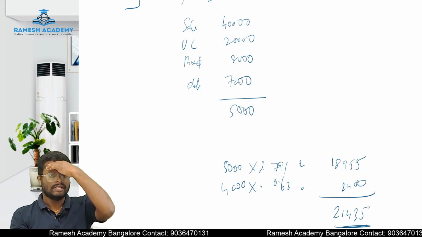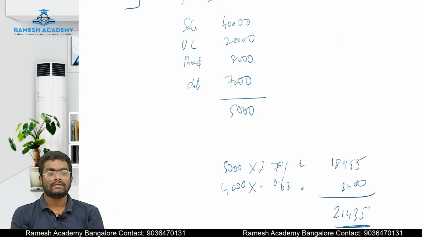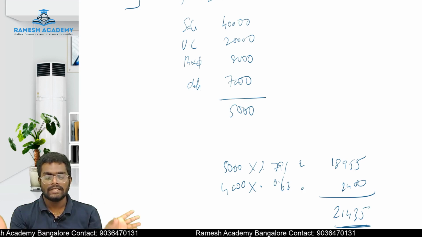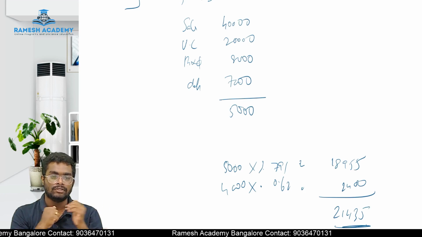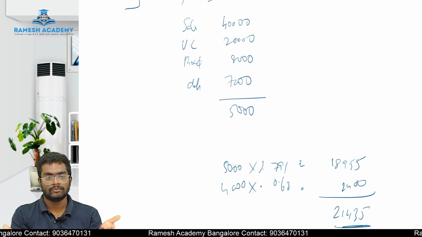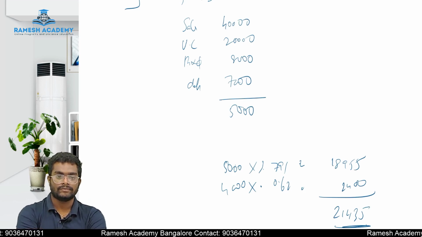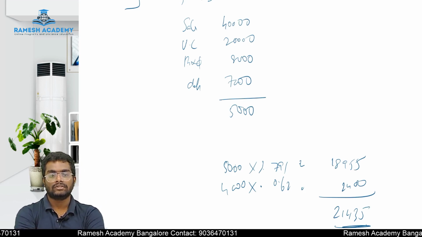So if you're running the business at present, the value of the receipt is 21,435. If you're selling it as it is, you'll get 30,000. What will you do? Obviously you'll sell the business, because you're getting 8,500 rupees extra if you sell it now.